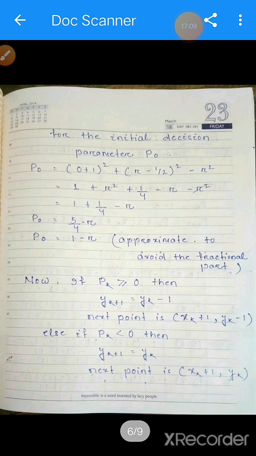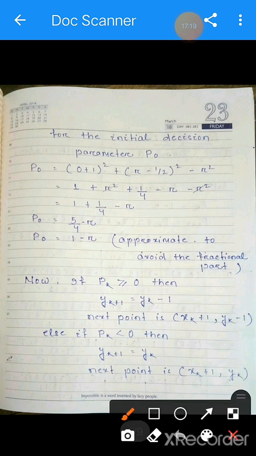A minus b whole square formula here we put r square minus 1 by 4 minus r square. Here we cancel plus r square minus r square. After that we find 1 plus 1 by 4 minus r. So p0 equals 5 by 4 minus r.